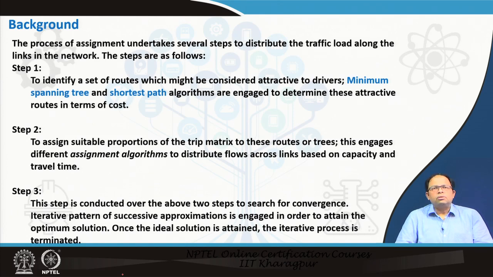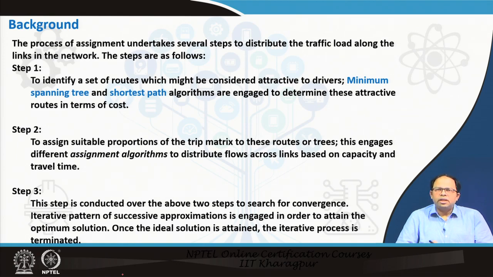In step 2, the job is to assign suitable proportions of the trip matrix to these routes or trees, and for that we require several assignment algorithms which distribute the flows across the links based on capacity and travel time. Why proportions?